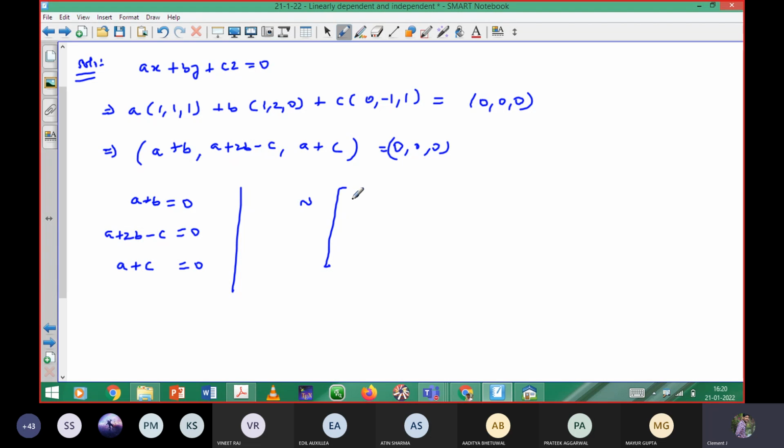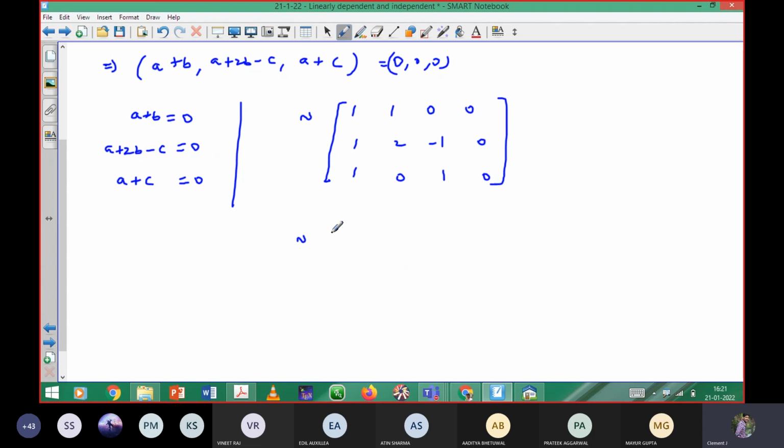Here, coefficients of a, coefficients of b, coefficients of c, and then the constant part. So 1 1 0 0. Next 1 2 minus 1 0. Next 1 0 1 0. Let me apply the same reduced row echelon procedure here.